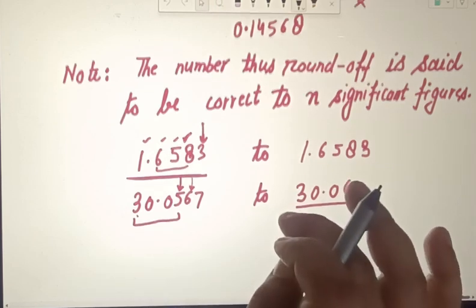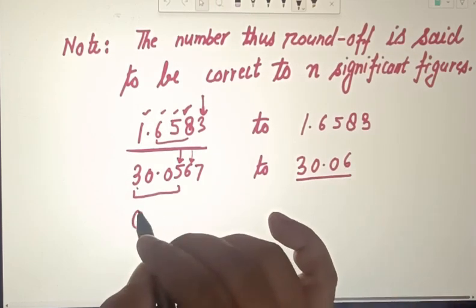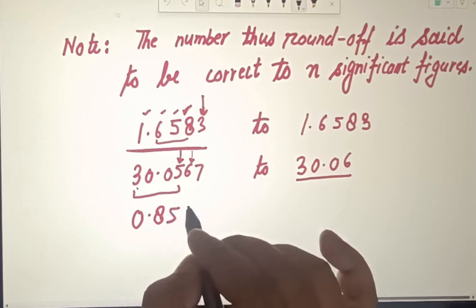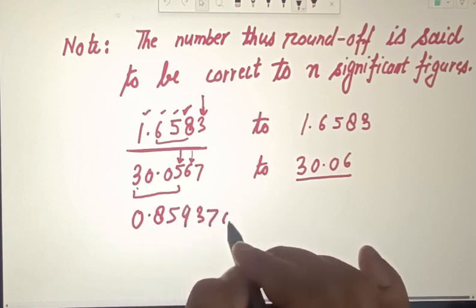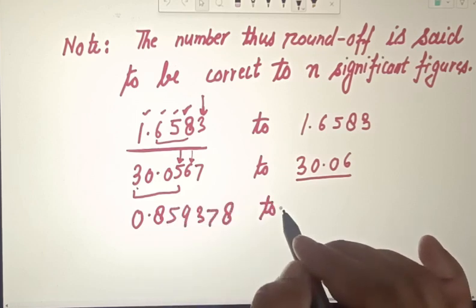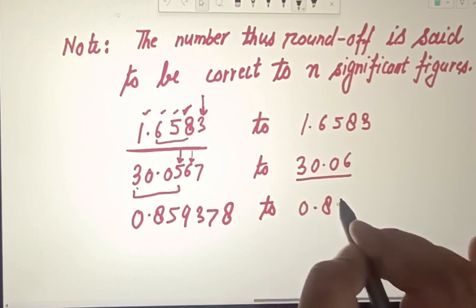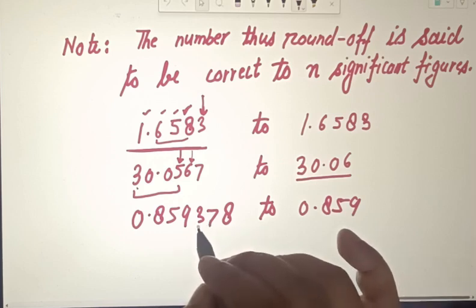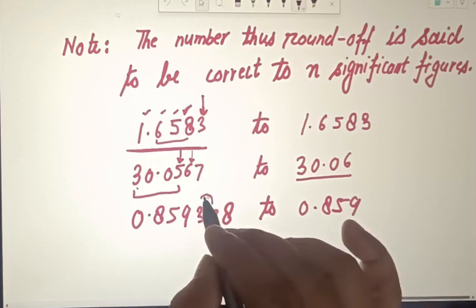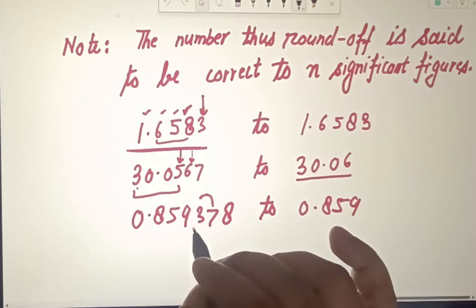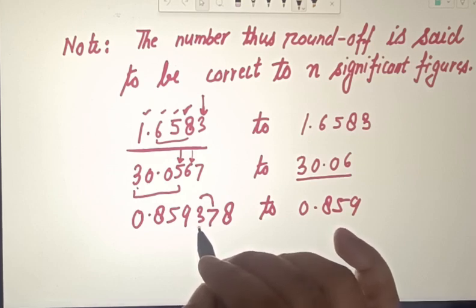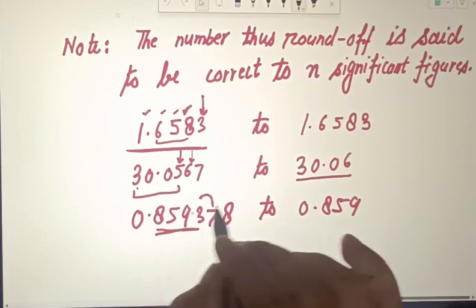And in another number like 0.859378, okay, to 4 significant figures, you can write it as 0.859. Now what about 3? We need to cut off here, so we need to see this place.